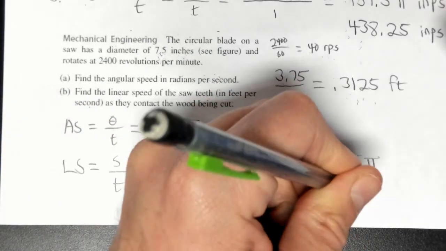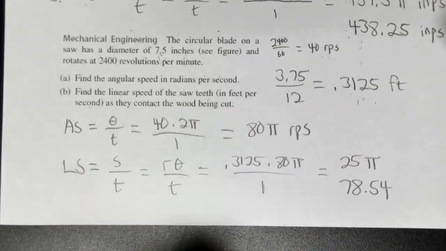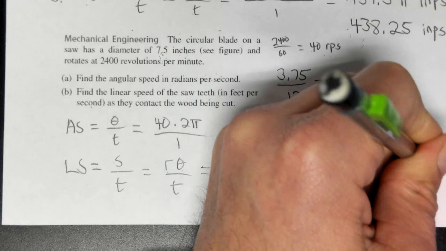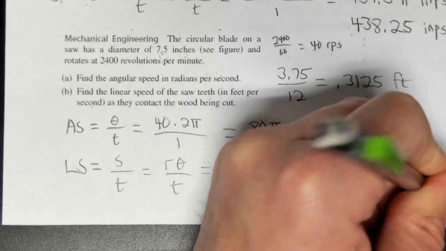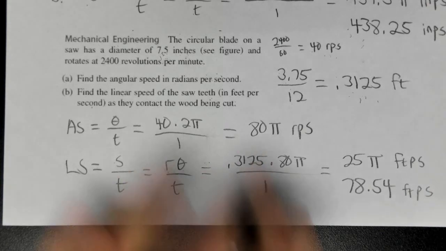Or you could turn that into 78.54 since it's linear speed. And in both cases, this is feet per second. Feet per second is the correct answer there. All right, so there you go.